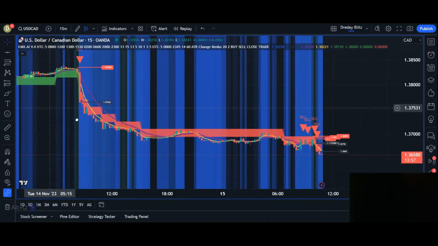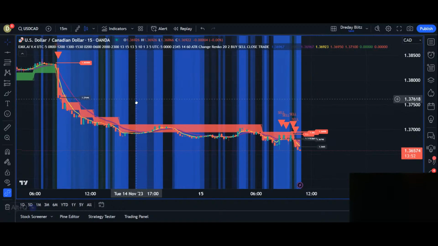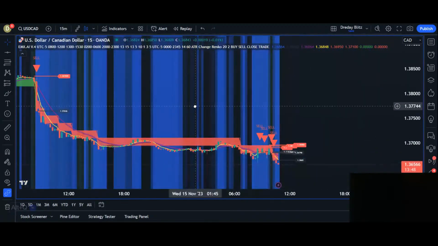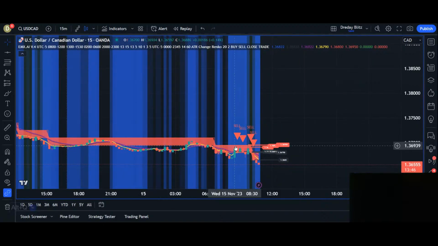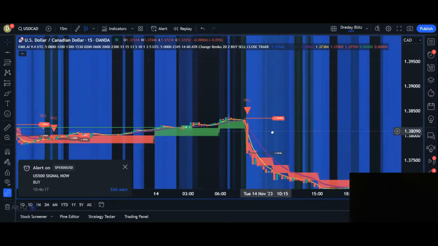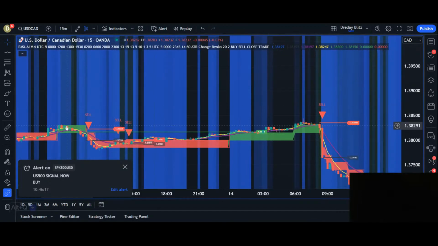So far, if you're in that trade since Tuesday, you would be in good profit overall. Same thing if you have the sells here, your stop loss is the previous Renko. Same thing here, the previous Renko is your stop loss right here. You never touched it.